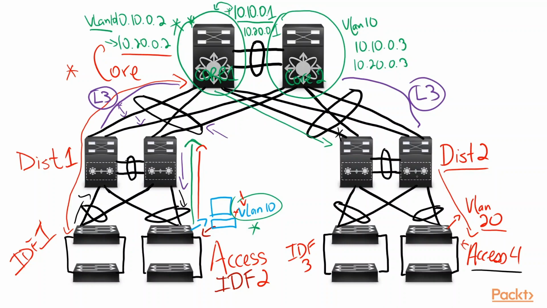Not only that, you have the layer 2 loop possibility, where if you're not paying attention on your port channeling, you're not configuring it properly from a spanning tree perspective, you might end up in a spanning tree loop or a broadcast storm, which is very, very difficult to troubleshoot.